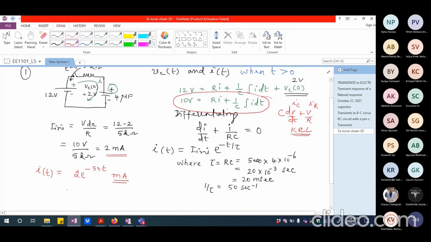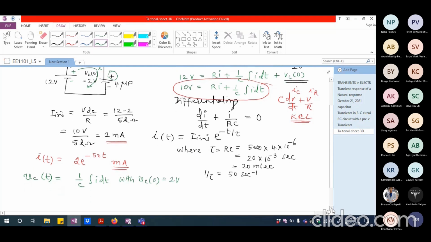Okay. So now this is the I expression. Now I want to get what is Vc of t. So Vc of t is 1 by c integral I dt, with the initial condition being Vc of 0 being 2 volts. This is already given.